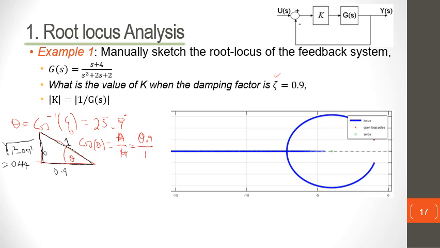So the line can be drawn with a ratio of sigma to jw, the real to the imaginary axis: 0.9 on the real side and 0.44 on the imaginary axis.